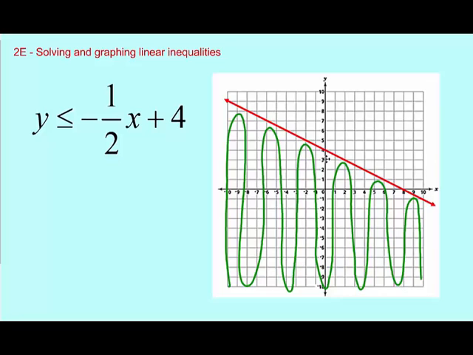Our slope is down 1 over 2. And we shade below because we're dealing with that less than or equal to piece. So we're shading below that line. So anything in this shaded region and the line are possible solutions. So if we take an ordered pair anywhere in there, such as (0, 0), since that's in the shaded region, and plug it in for x and y, this inequality would be true.